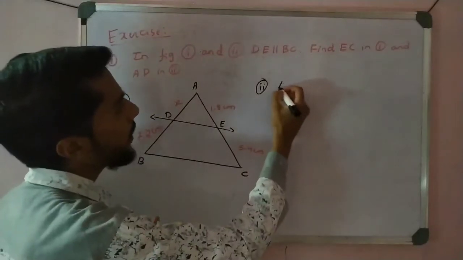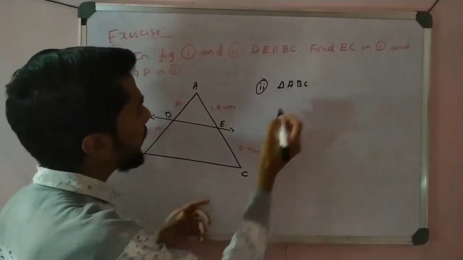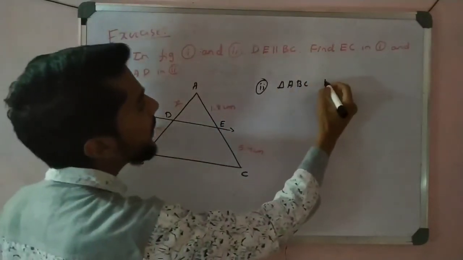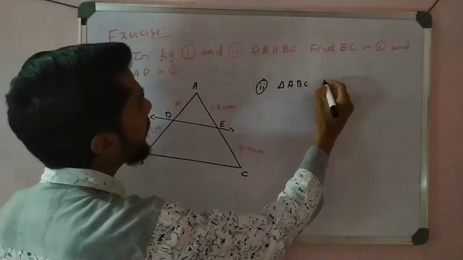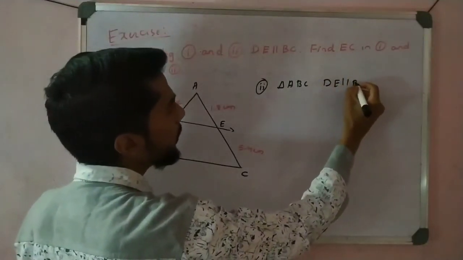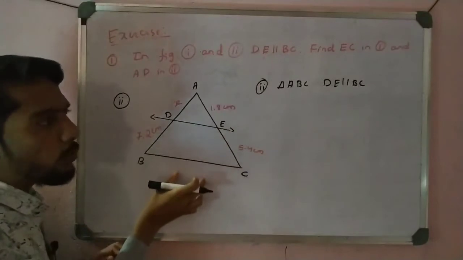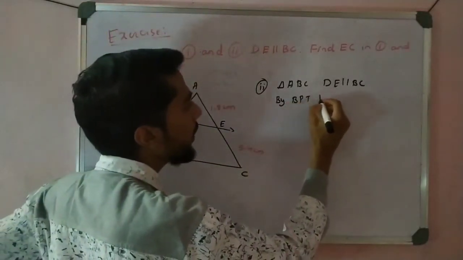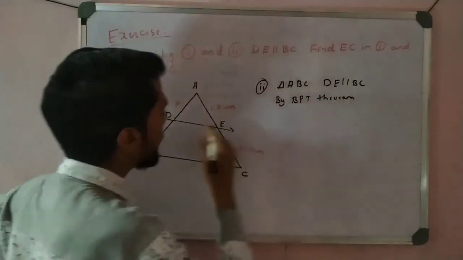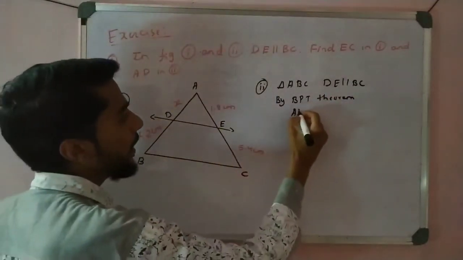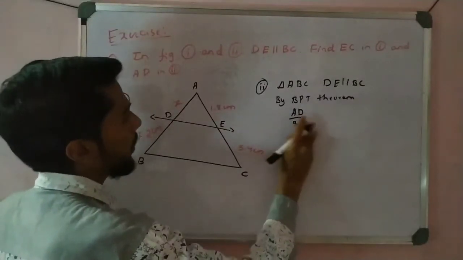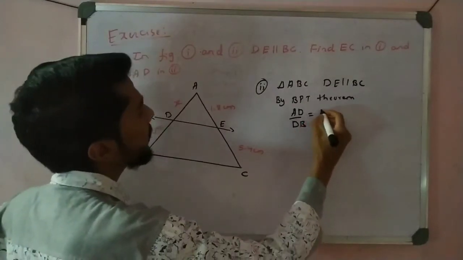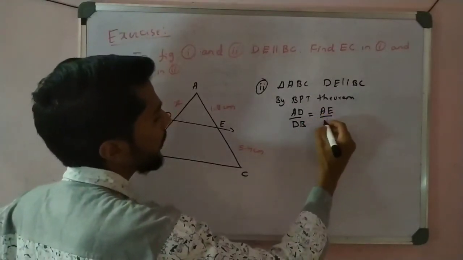In triangle ABC, same process, DE is parallel to BC. This is the first condition. If DE is parallel to BC, then by BPT theorem the sides are proportional: the ratio of AD and DB is proportional with the ratio of AE and EC.